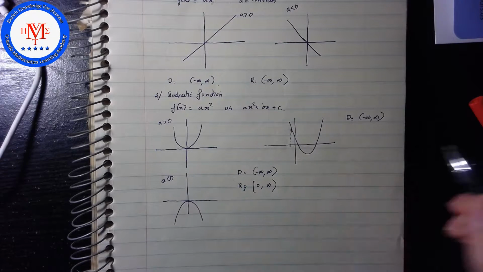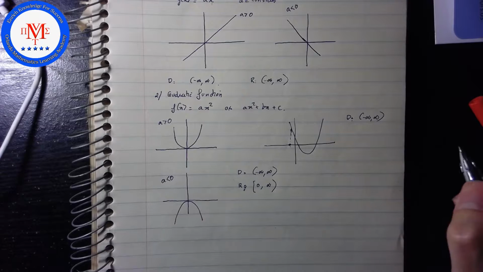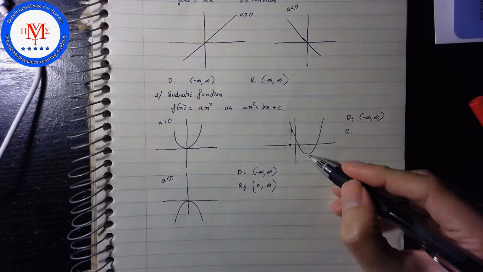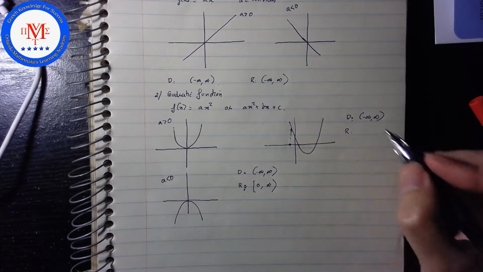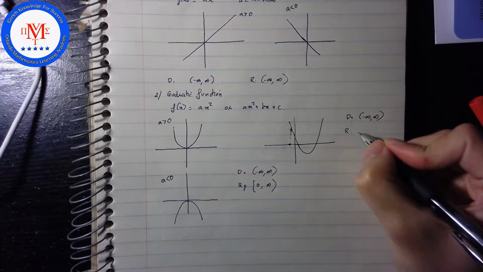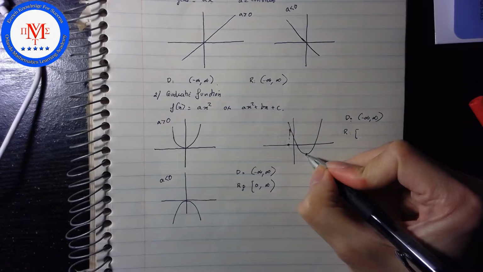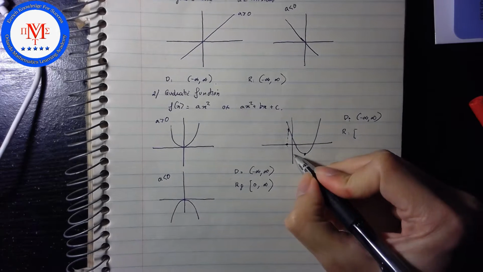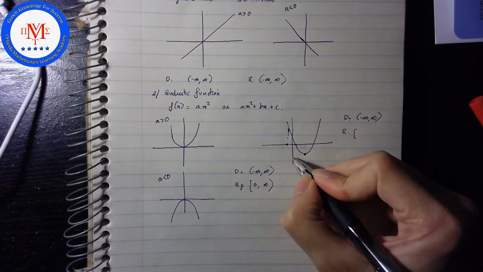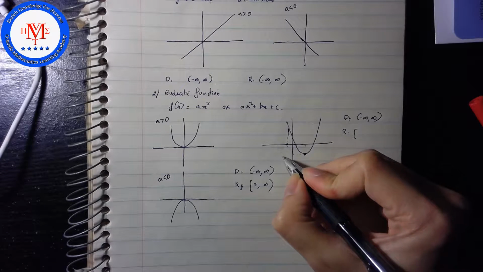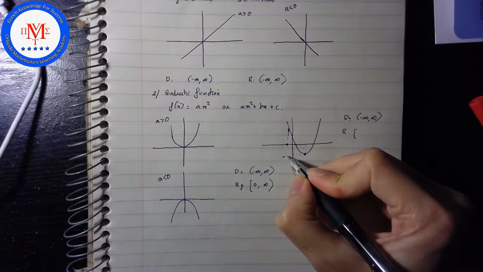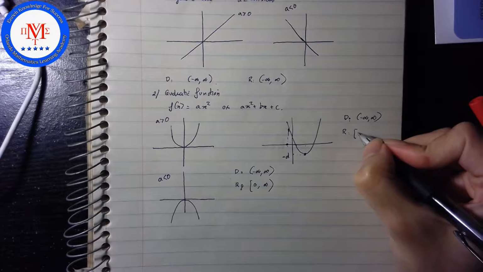However, the range will be different. The range will be whatever from the bottom up. So it will be whatever the value is here. For example, if the value over here is negative d, then it will be from negative d to positive infinity.